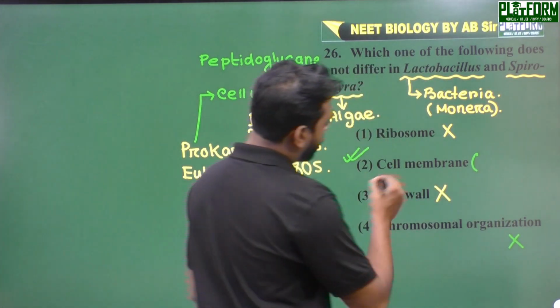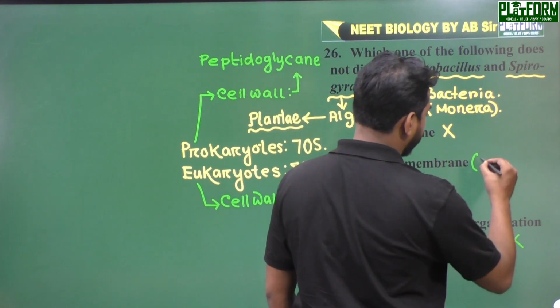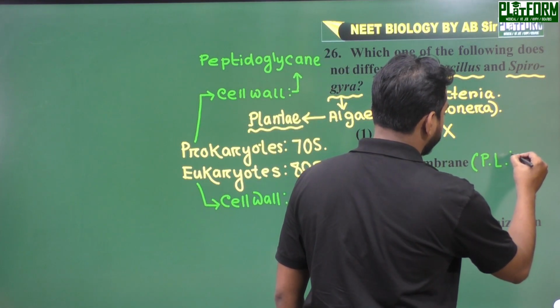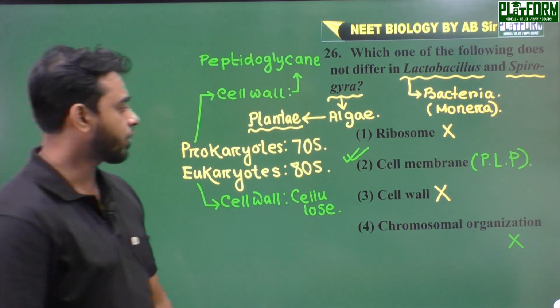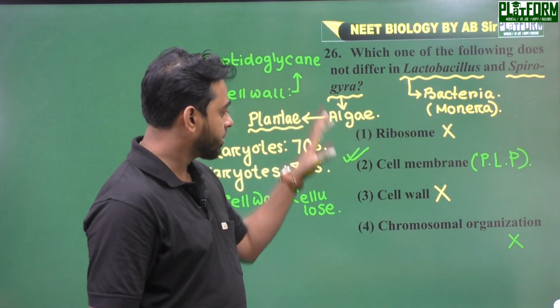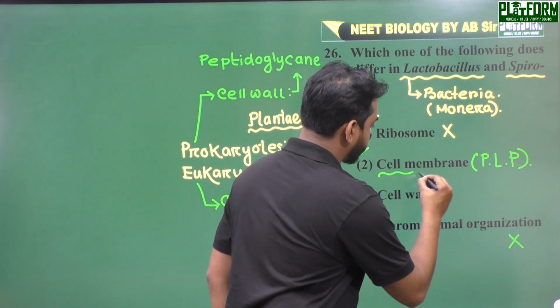That means in both groups, the plasma membrane or the cell membrane is composed of protein, lipid and protein. Okay, so the answer to the 26th question will be the cell membrane.